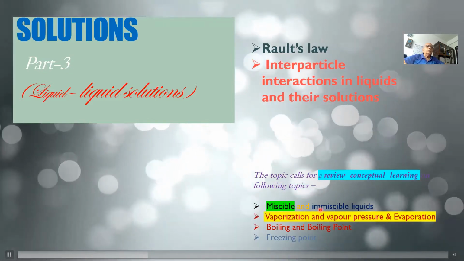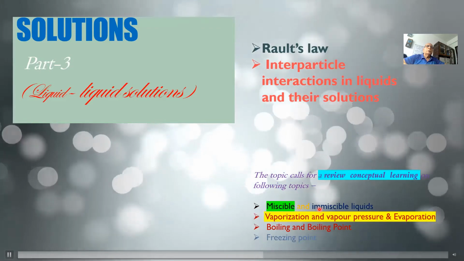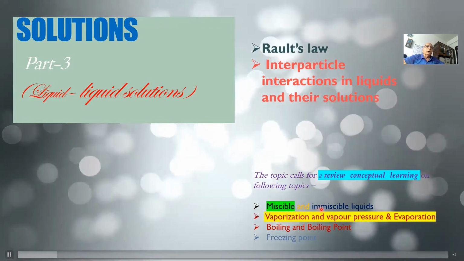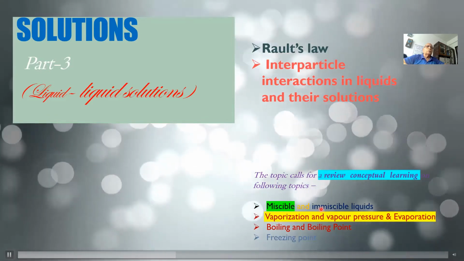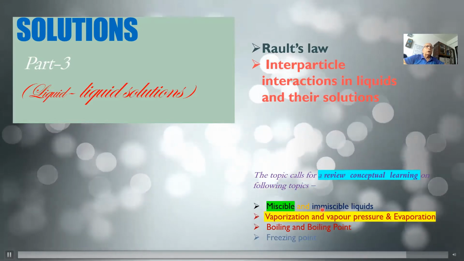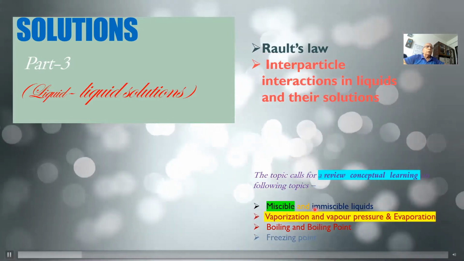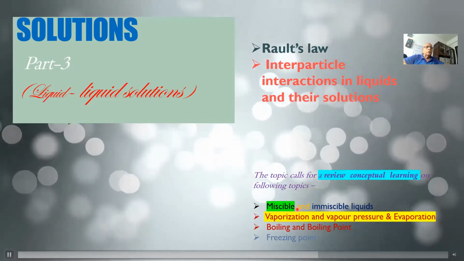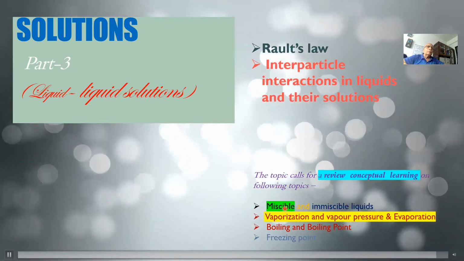Rather, they remain separate in spite of best efforts. They remain heterogeneous. They fail to get mixed up. They do not prepare solutions. Therefore, these are known as immiscible liquids. What are the reasons? We have to take up again.